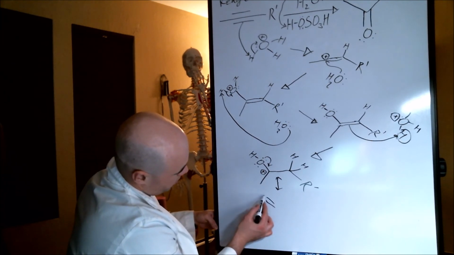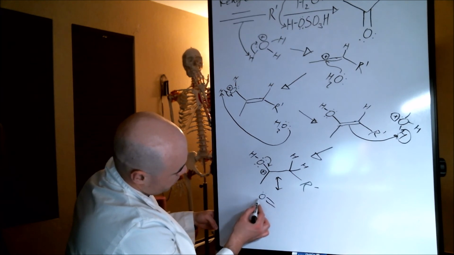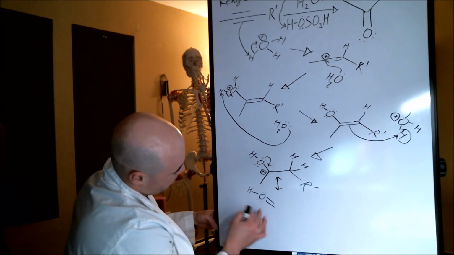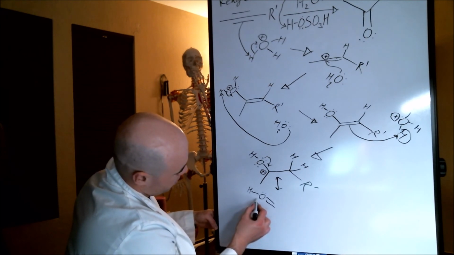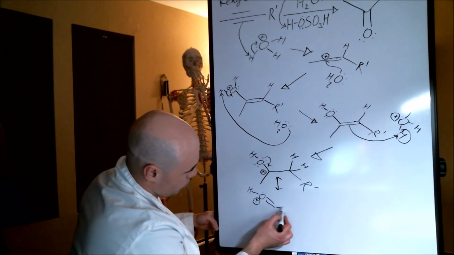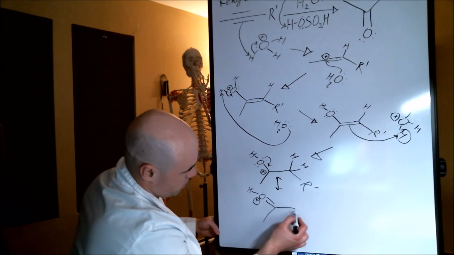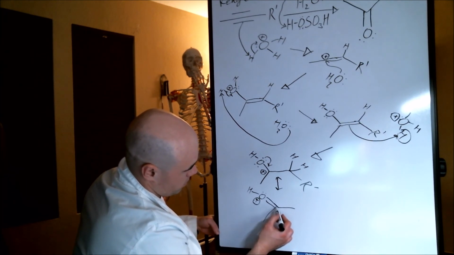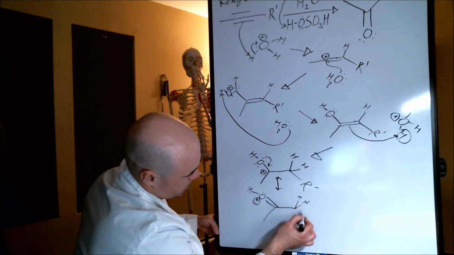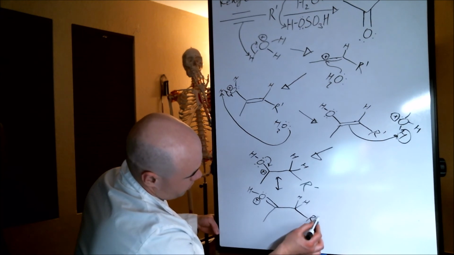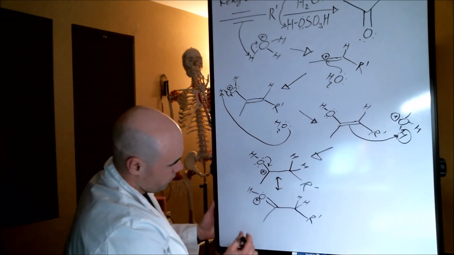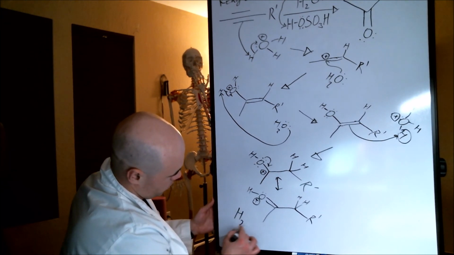And what we're going to get is an oxygen with a pair of electrons, positive, double bonded to that. And we're going to have two hydrogens here and our R group right there. So we also have our water here, H2O.